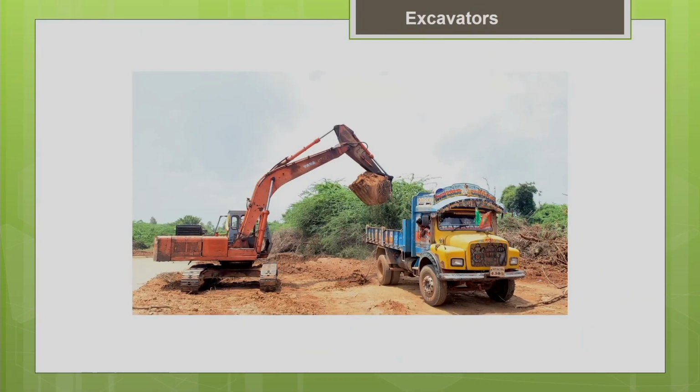As I told you, the angle of swing will be 90 degrees. The horizontal angle should be 90 degrees between the loading and the dumping position. The truck should come very close so that the backhoe will be able to excavate the material and load it into the truck. The common ideal condition is a 90 degree angle of swing.